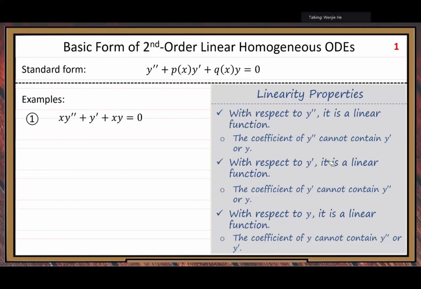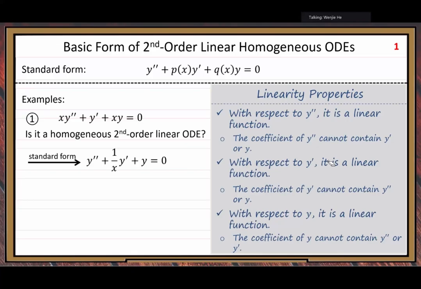First example, in this case, you can see it satisfies all these three rules. So it is a homogeneous second order linear ODE. We can write a standard form in this way, where we want to make the coefficient of y double prime 1.